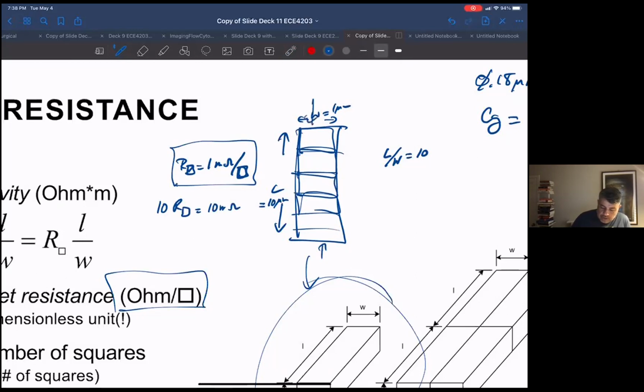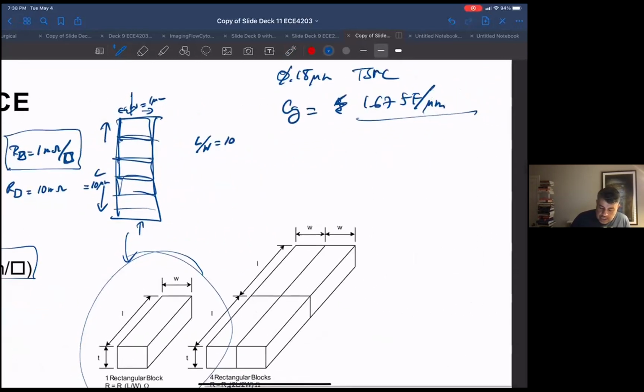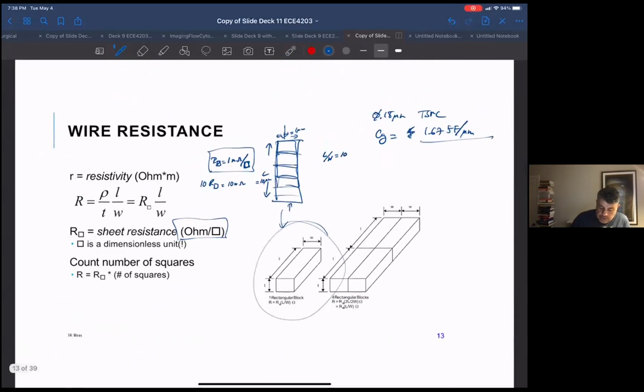Now let's say this was 10 centimeters by 1 centimeter. So what is that? 100 times bigger in each direction, exactly. 100 times bigger here, 100 times bigger here. So how many squares can I fit? By squares, I mean width over length.